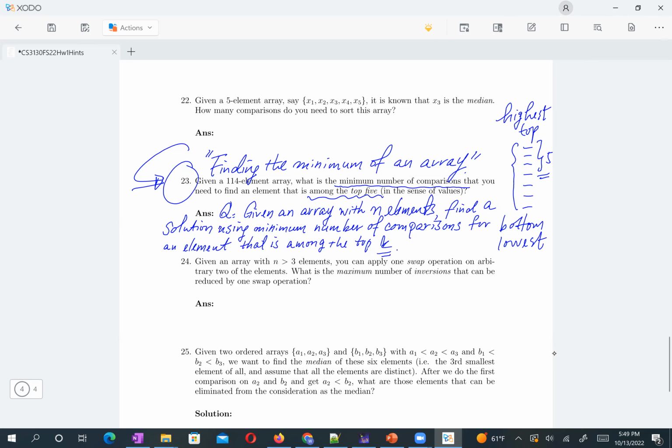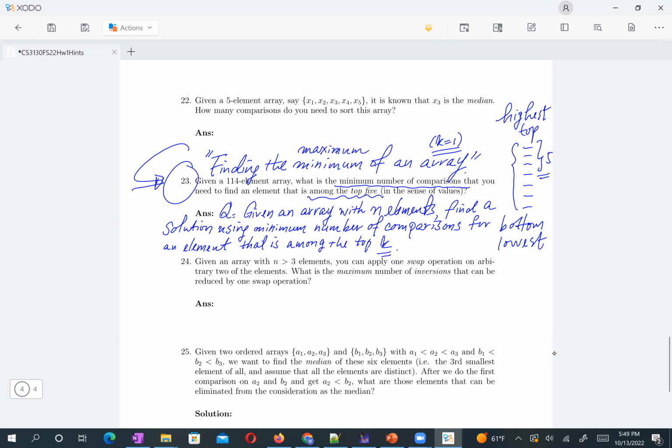Now, for this general question, when K equals 1, that's top 1. Top 1 is the maximum. Or if you arrange it for the minimum, we can change it to maximum, the same solution.